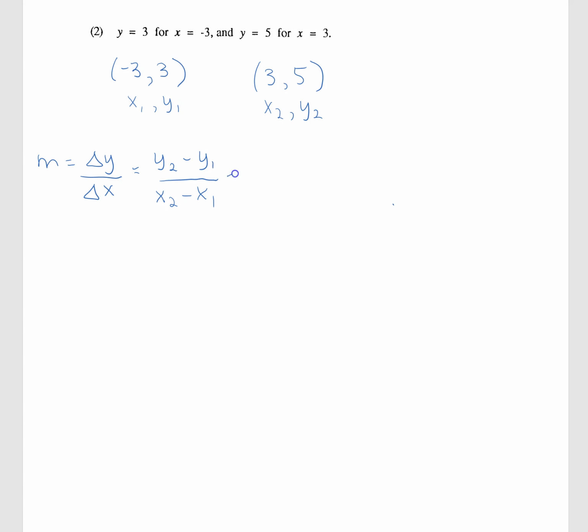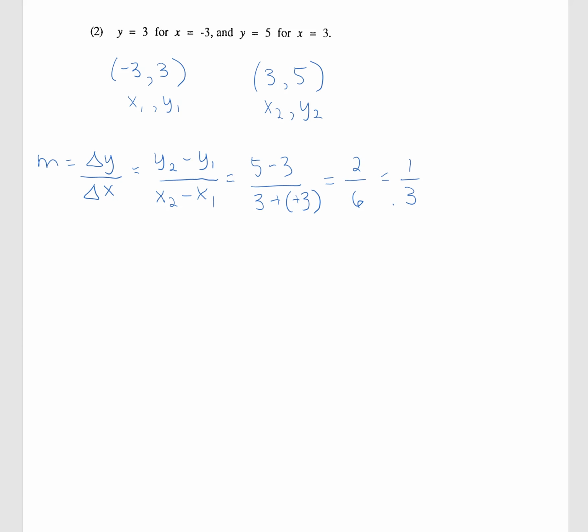So plugging these values in, we get 5 minus 3 over 3 minus negative 3. So evaluating this out, 5 minus 3 is 2 on the top, and 3 minus negative 3 is 3 plus 3, so that's 6 on the bottom. And simplifying this down just gives me 1/3.